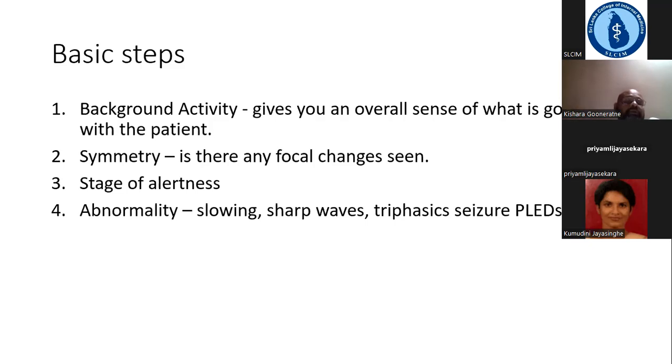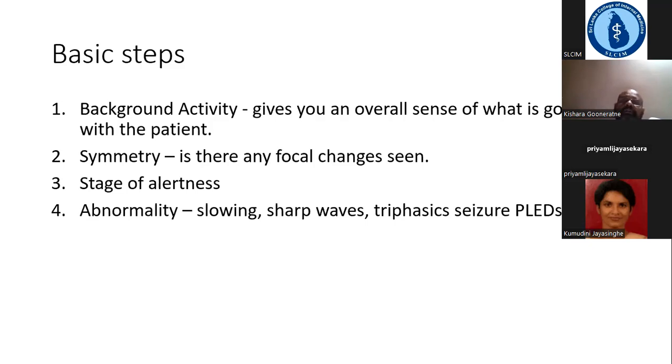So you look at the background activity, which is an overall picture of the EEG, or overall frequency of the EEG. Then you look at symmetry, whether there is any asymmetry between the right and the left hemisphere.